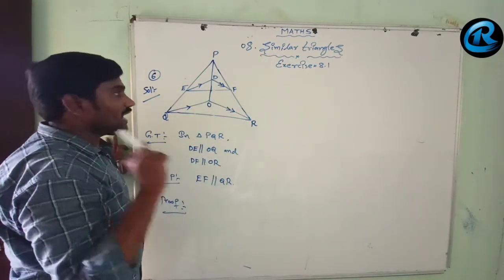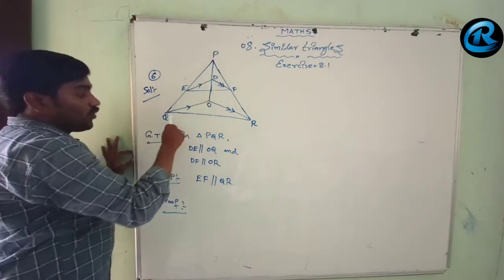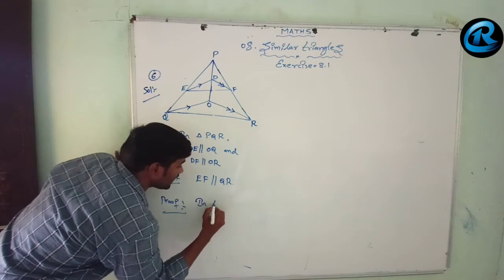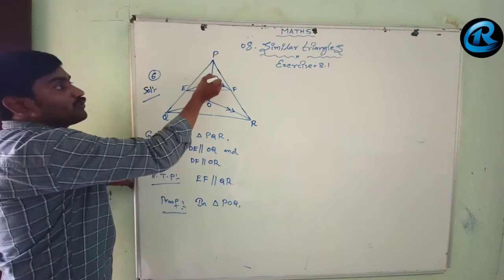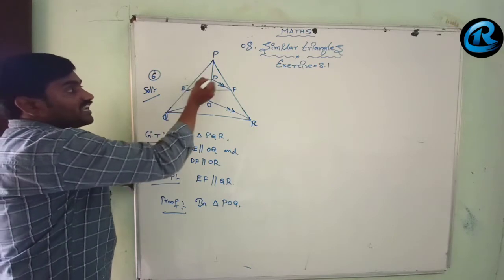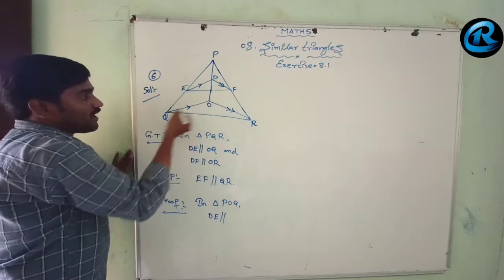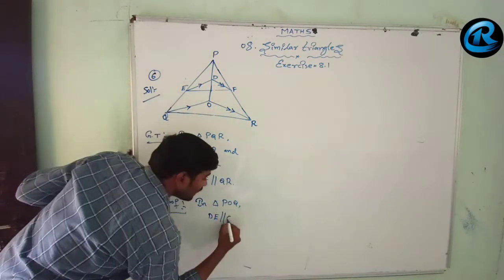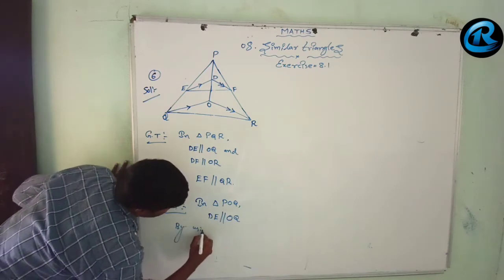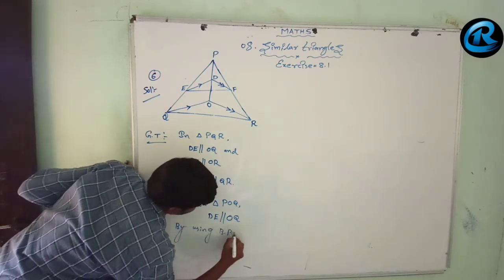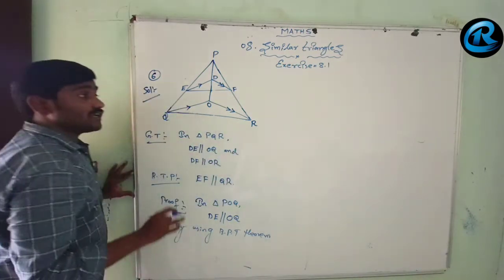How can we prove it? Now let us take the triangles. In triangle PDQ first, where DE is parallel to PQ, by using the BPT theorem or Thales theorem, what can we say?